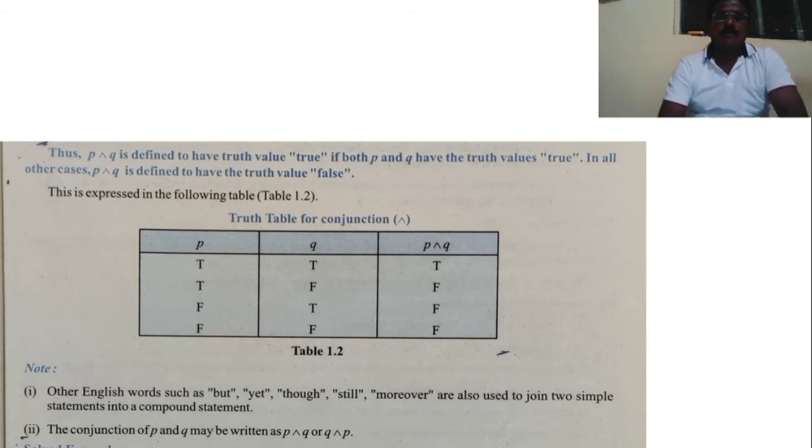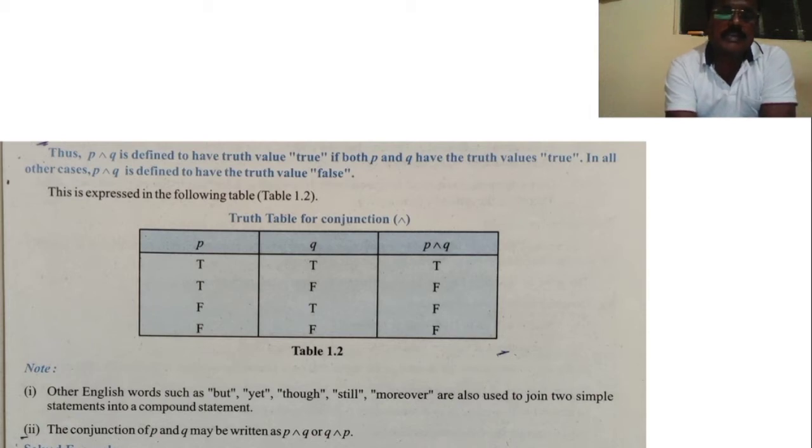The first column is T, T, F, F, and the second column Q is T, F, T, F. These are all the possibilities for the simple statements; there is no other possibility for two simple statements connected by a connective. Only these four conditions are available.